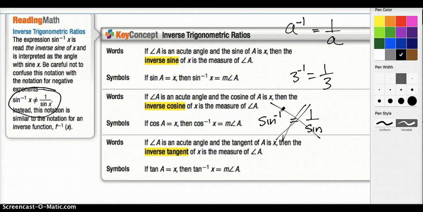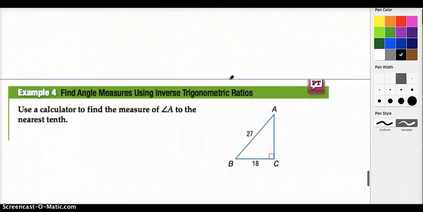What this means is the inverse function, so I'm calling it the opposite. So here, remember how sine of A gives me some value? Then the inverse sine of X gives me that A value back. It'll make more sense as we do a few examples.